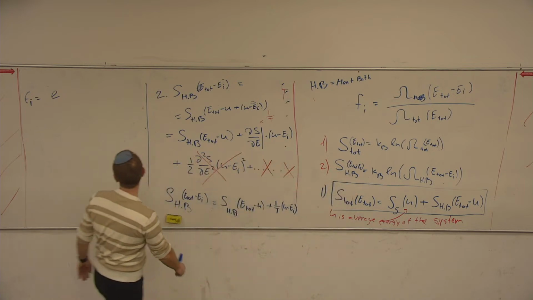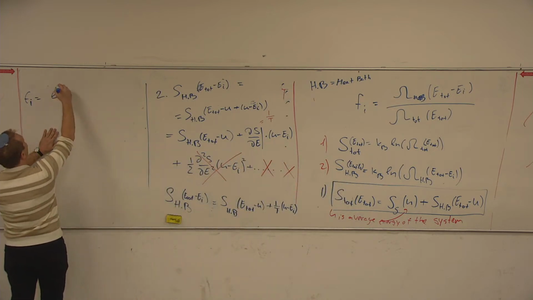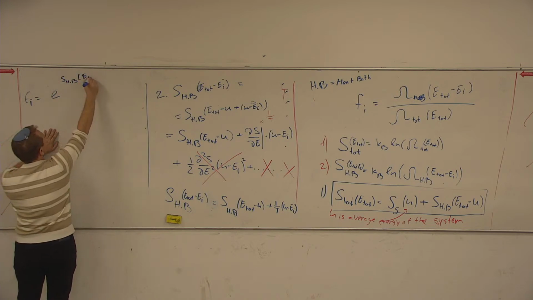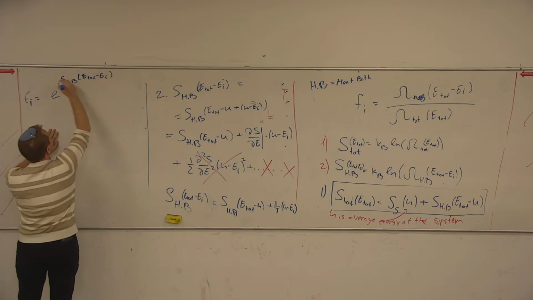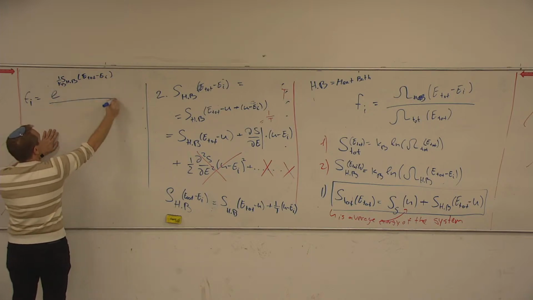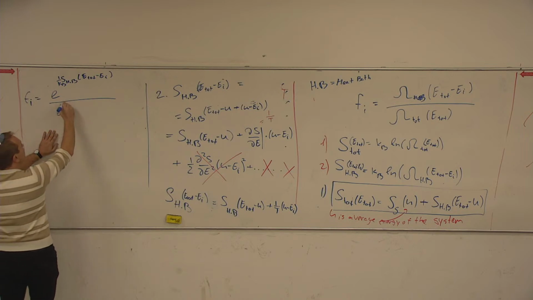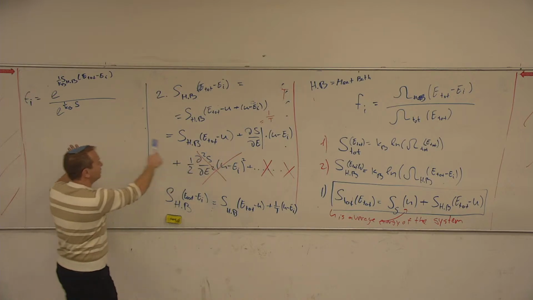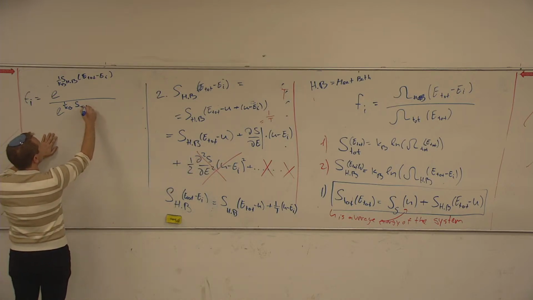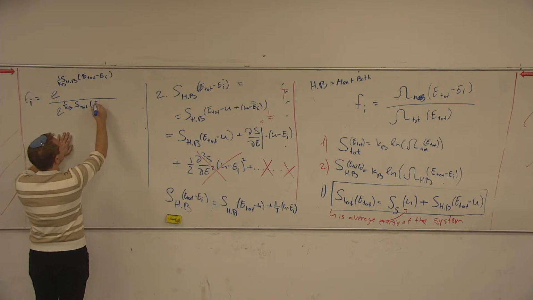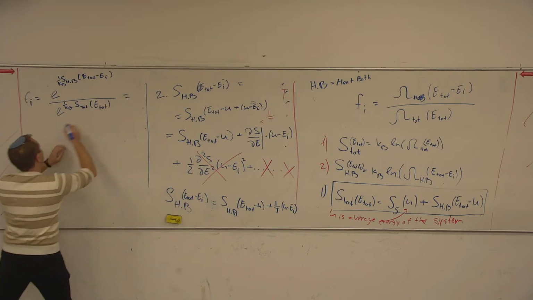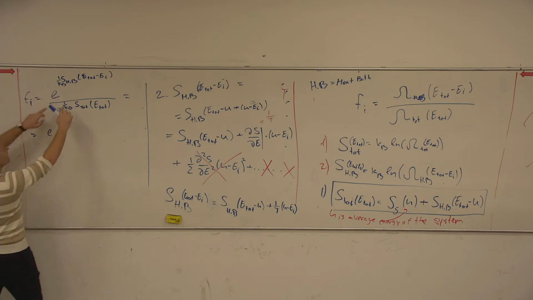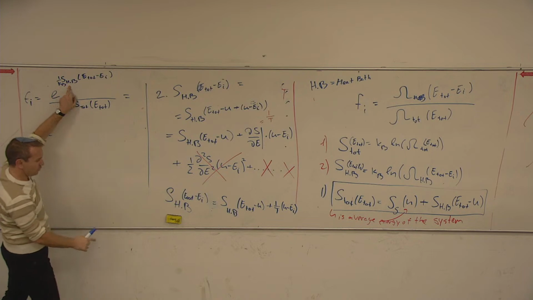So it is, let's write it slowly, exponent of S heat bath of E total minus EI, 1 over K Boltzmann, divided by exponent of 1 over K Boltzmann of S total, of E total.